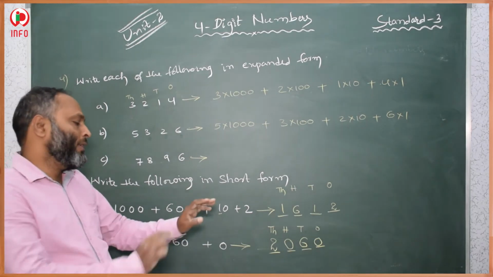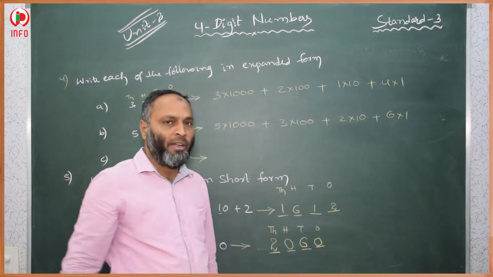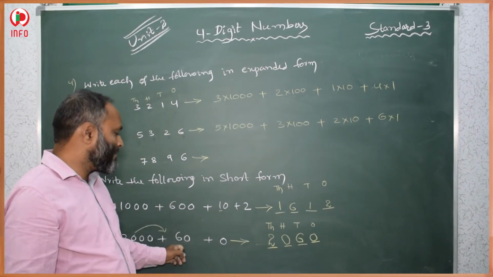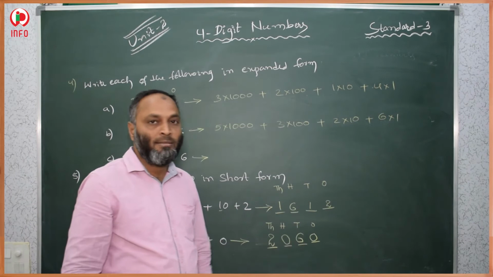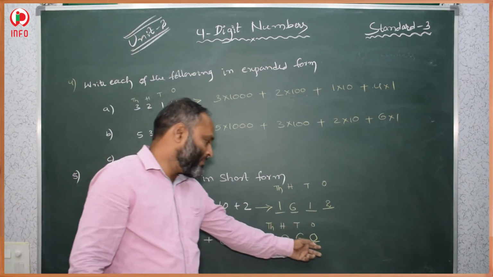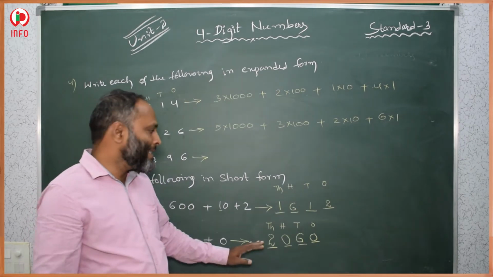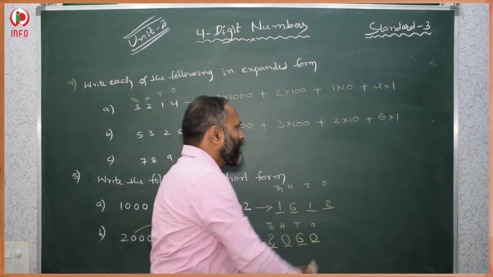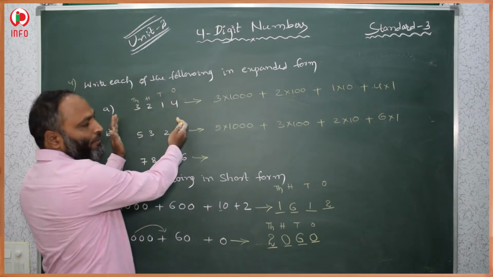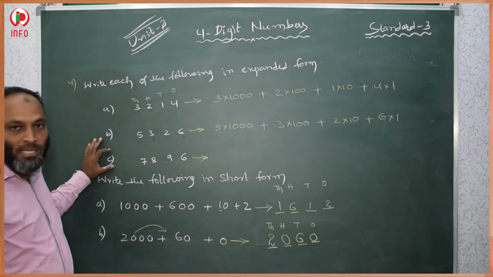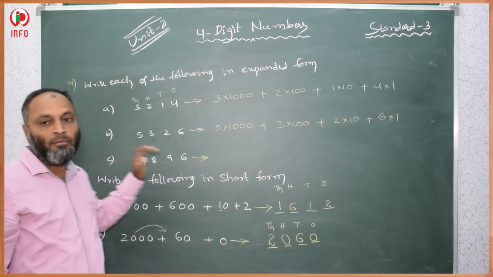If there is no 100, we keep 0 in the place of 100. And in tens place 60 is there, so in tens place we take 6. Then after that in ones place 0 is given, so we keep 0 in ones place. So this is the method. If expanded form is given, we convert into short form like this. If short form is given, then this is the expanded form. So this is the third question. C is your homework. Thank you.